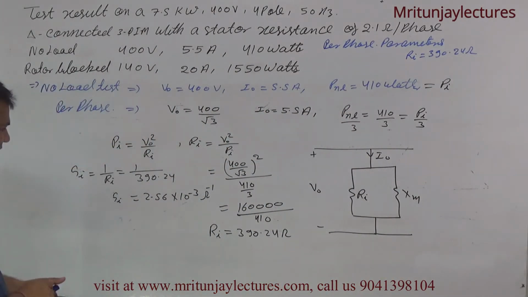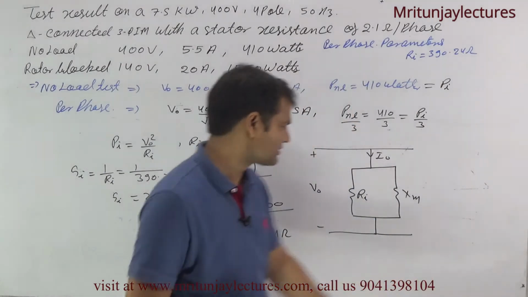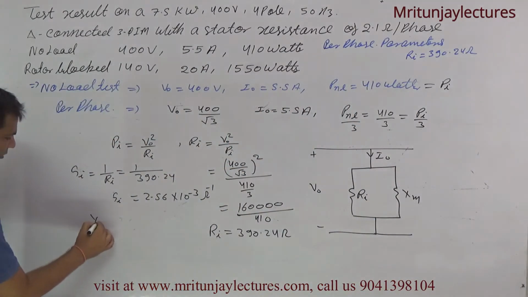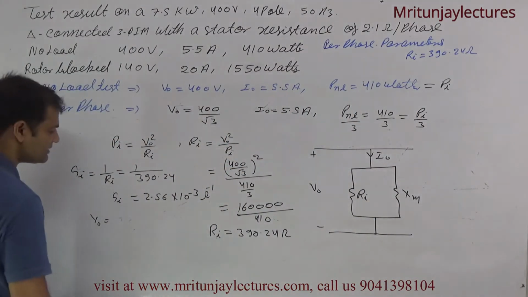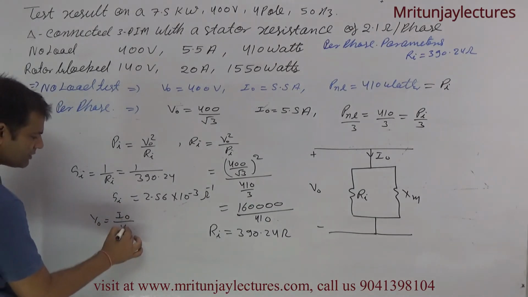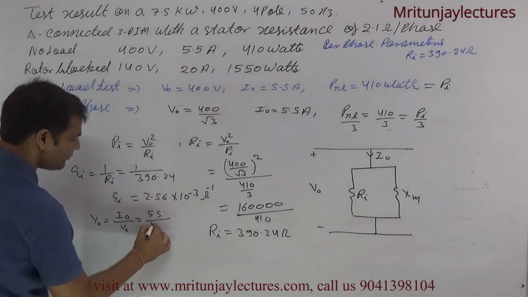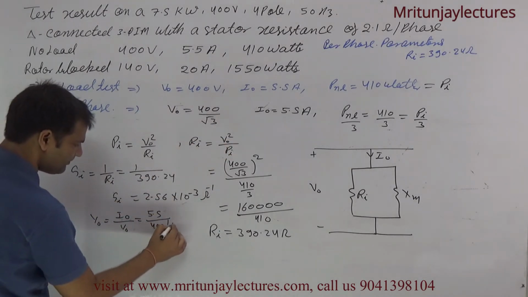How to determine Xm? Gi and Bm are in parallel, so we first determine Y0, the admittance. Admittance is equal to I0 divided by V0, that is 5.5 divided by 400 by root 3.